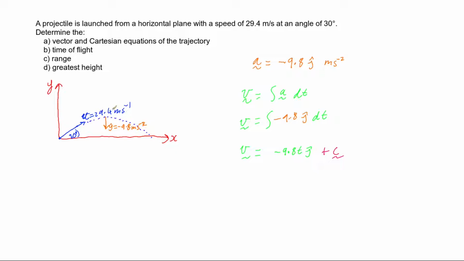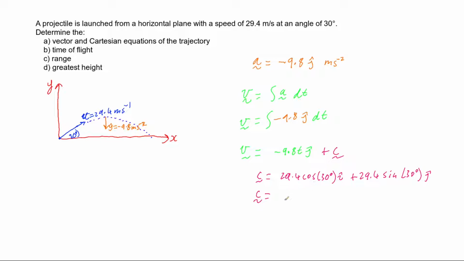And c is given to us by our u over here. Now c is going to be this 29.4 cos 30 degrees in the horizontal direction and 29.4 sine 30 degrees in the vertical direction. So that will give us our initial velocity vector. We've got 29.4 cos 30.